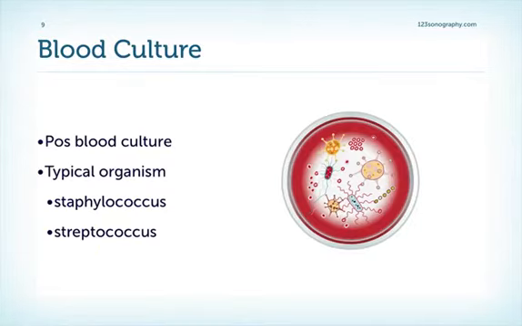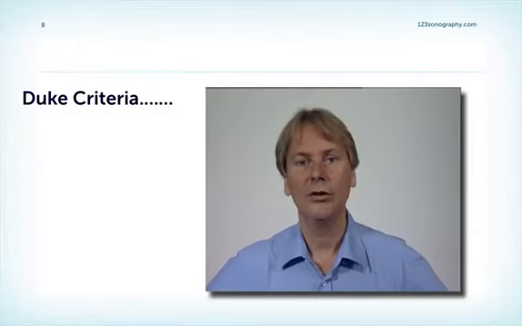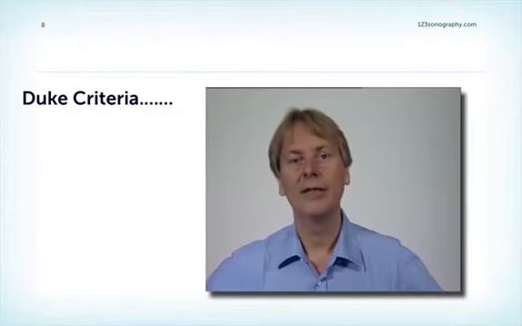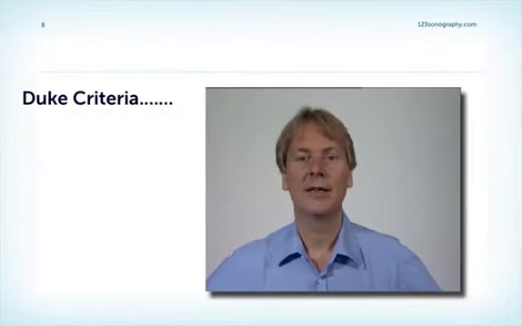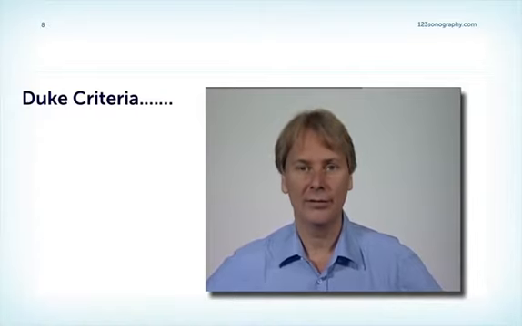The third pillar for the diagnostics of endocarditis, following the clinics and the morphology with echo, is a positive blood culture. A positive blood culture for typical organisms such as Staphylococcus and Streptococcus. So, to make the diagnosis, you need the blood culture, you need the clinics, and you need the echocardiogram.